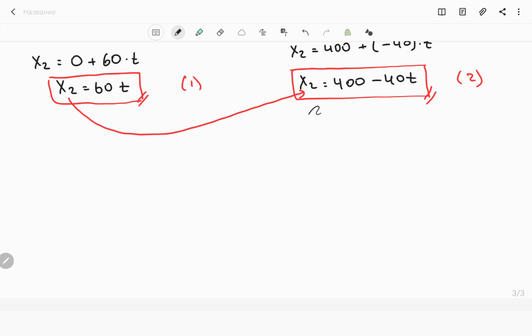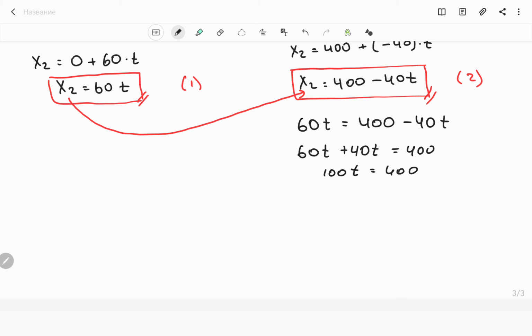So we will replace x2 with 60t: 60t equal to 400 minus 40t. Let me take 40t to the left side, so it will be plus 40t. 100t equal to 400, so time equal to 4 hours. So they will meet after 4 hours.